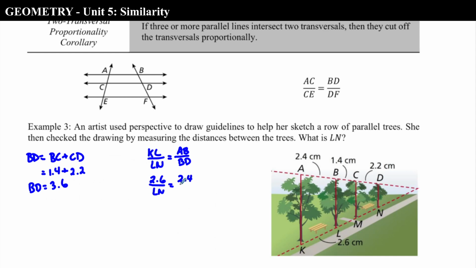And BD we just found is 3.6. So let's cross multiply. 2.4 times LN is equal to 3.6 times 2.6. And if you do all of this math, you end up finding that LN is equal to 3.9, but not just 3.9, 3.9 centimeters. If you're given units, you need to provide units in this.